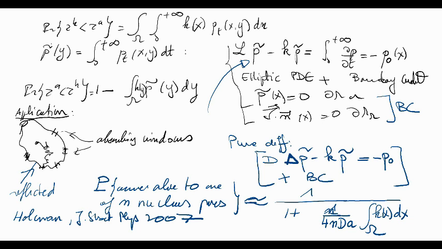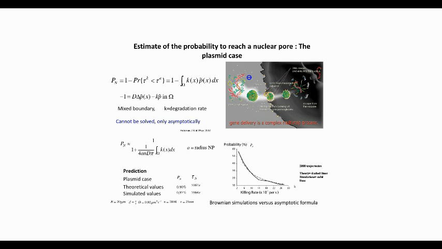Alright, so basically by going in that direction, it is possible to formulate what we've just discussed here. The probability to arrive alive is 1 minus the probability to be killed. This is the solution of this equation, and the approximation can be obtained this way.